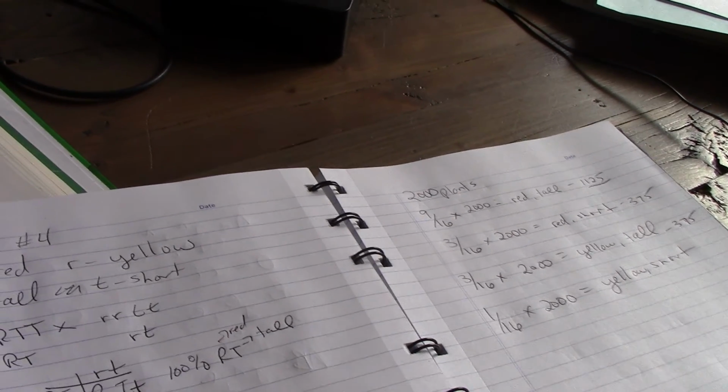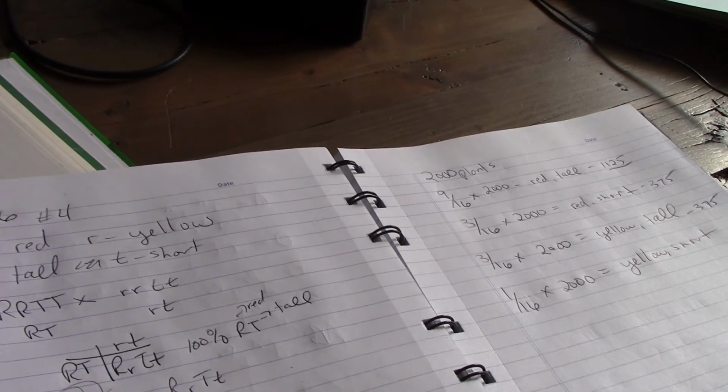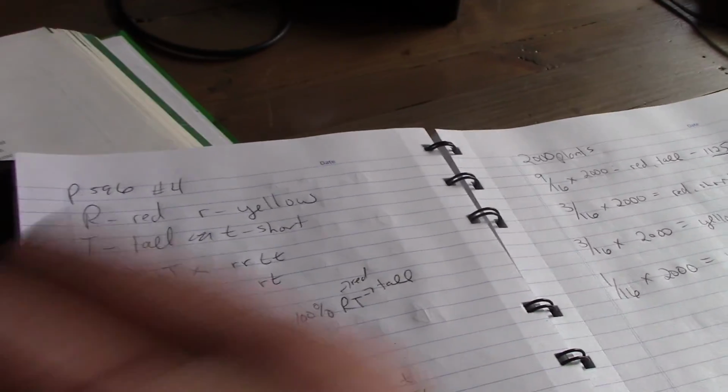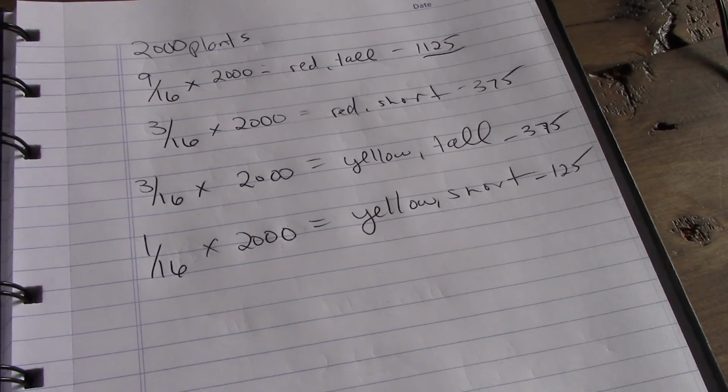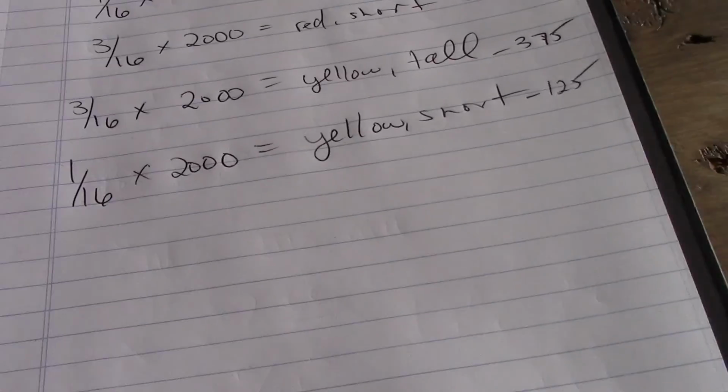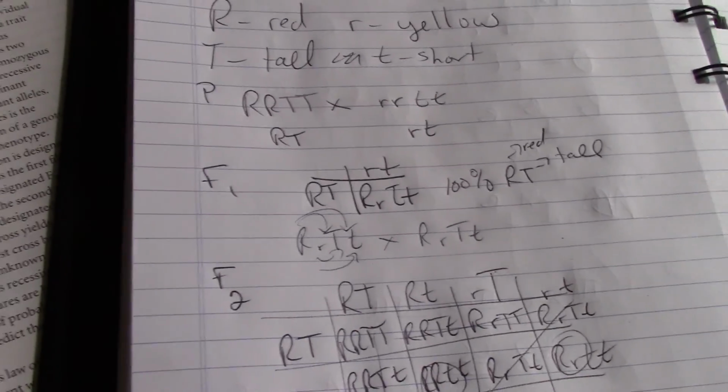And then you should have about 125 individuals that are straight homozygous recessive. So that's how you do basic Mendelian genetics crosses. Number 5 is very similar on page 596.